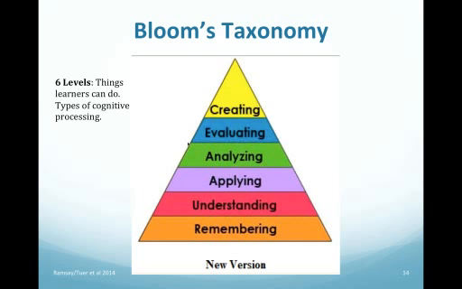These are all associated with analyzing, so taking information and analyzing it. Then we move up to evaluating information. Can the student justify a particular stand or position or decision? In this level, they're doing appraise, argue, defend, judge, select, support, value, evaluate, justify. That's what's happening at the cognitive level of evaluating.